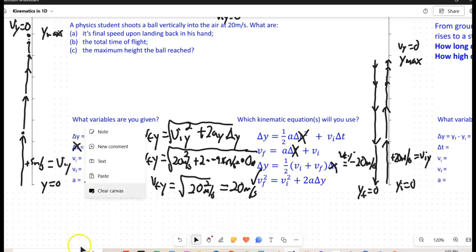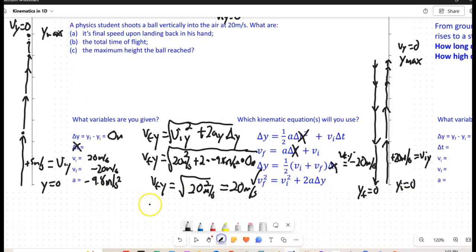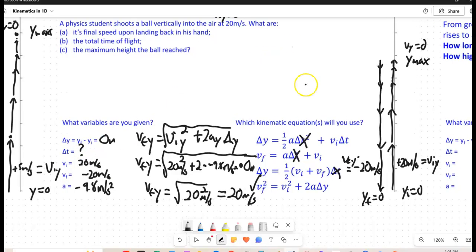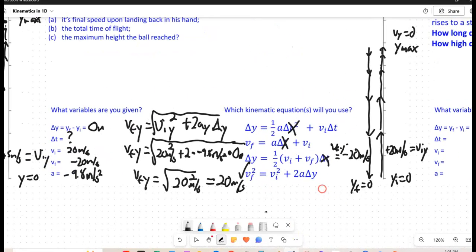All right. Now they want to know what is the total time of flight from where it left until it landed back in your hand. So now we could do any one of these equations that has time in it. And you guessed it, we're going to use my favorite little one right here, which is v final y equals a delta t plus v initial y.